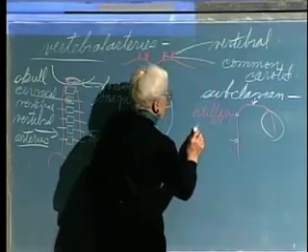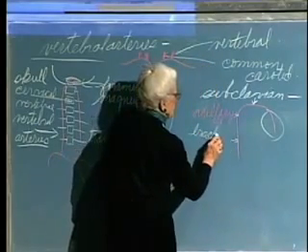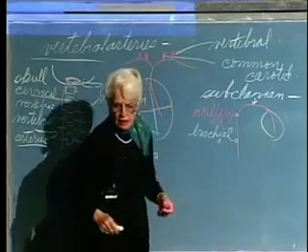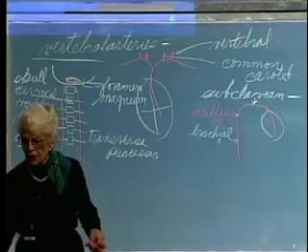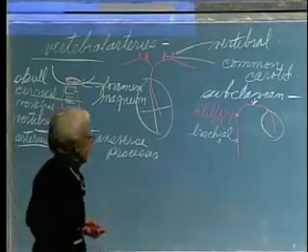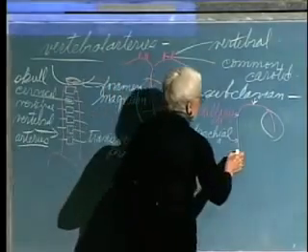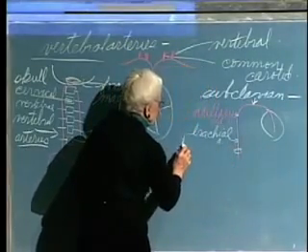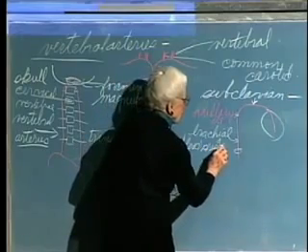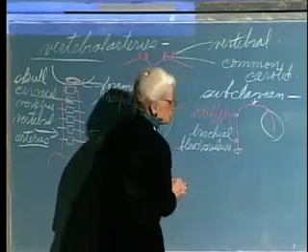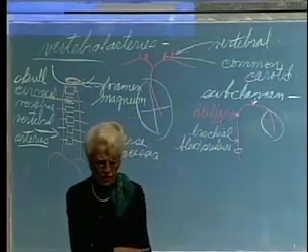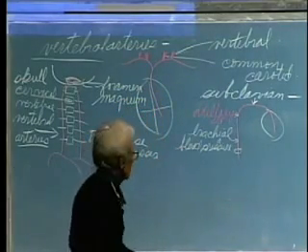The brachial artery. And how many have had their blood pressure taken? Got some hands. So that's just where you take your blood pressure on the brachial artery. And just about a centimeter below the elbow, the brachial artery branches into the radial and ulnar arteries.